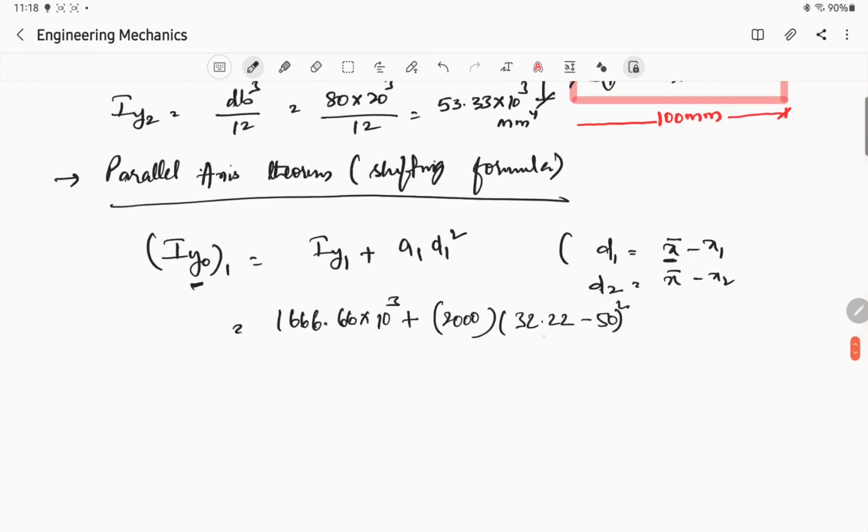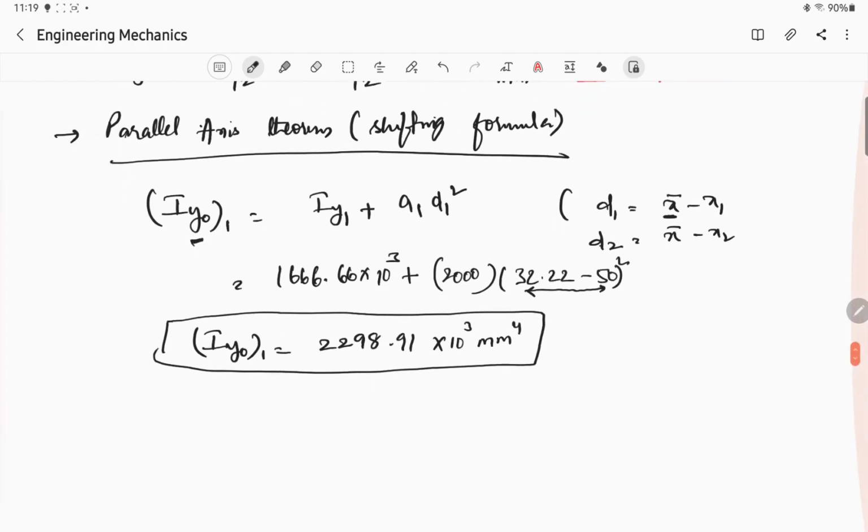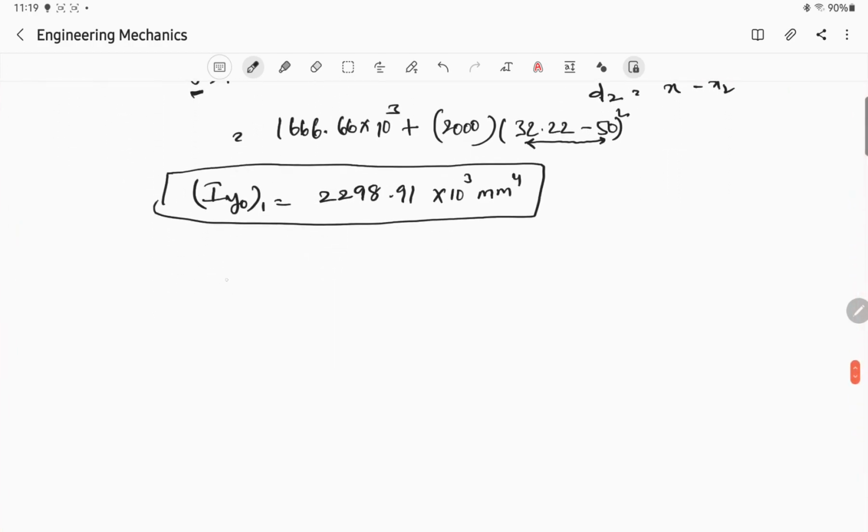Even though this term will be negative, since we square it, it will become positive. So the final value of Iy naught of first element will be 2298.91 into 10 power 3 mm power 4. This is the value of Iy naught of first element. So moment of inertia of this element we have completed.